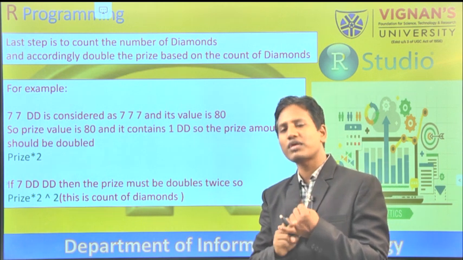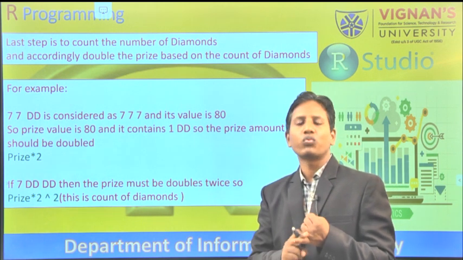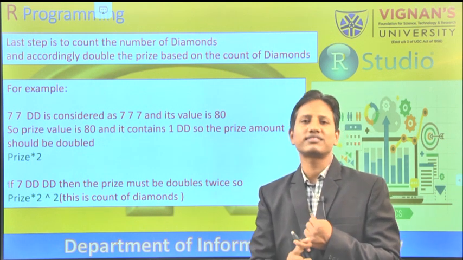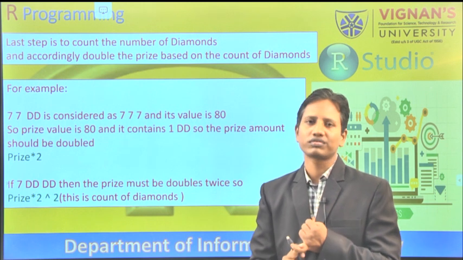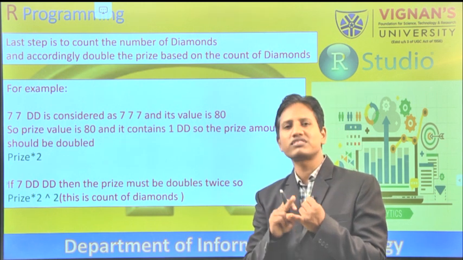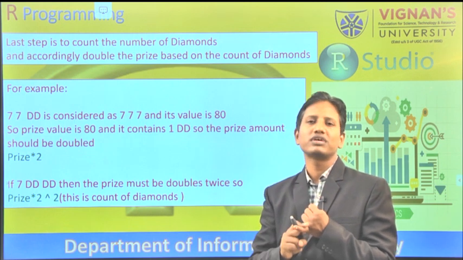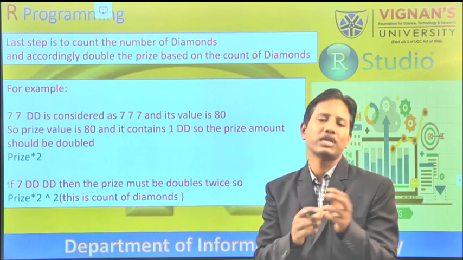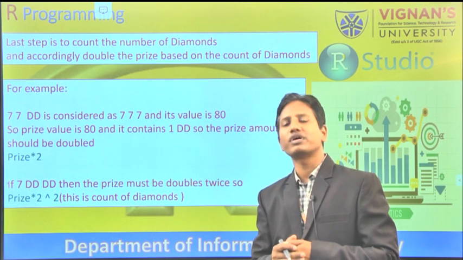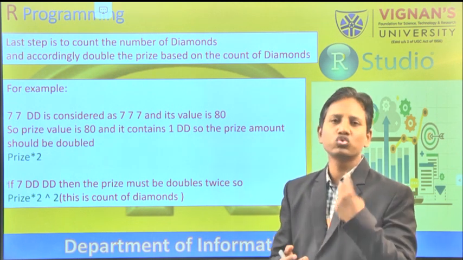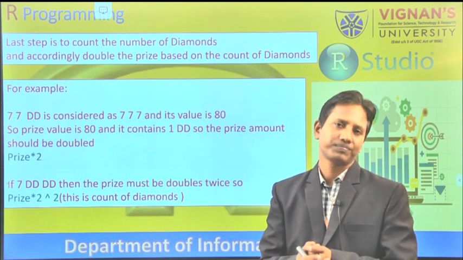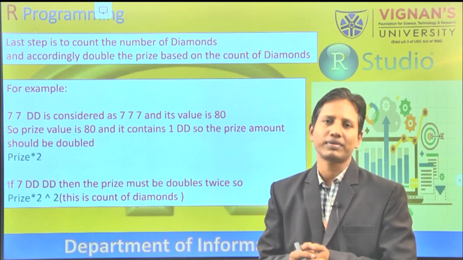Why do we want to count these diamonds? Because we have already seen the condition that diamonds are treated as wild cards, and based on the number of diamonds, the prize amount is going to be doubled that many times. Suppose the diamond appears 2 times, so the amount is going to be doubled twice, like we have seen in that example.